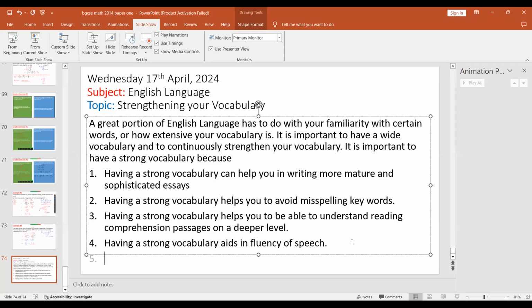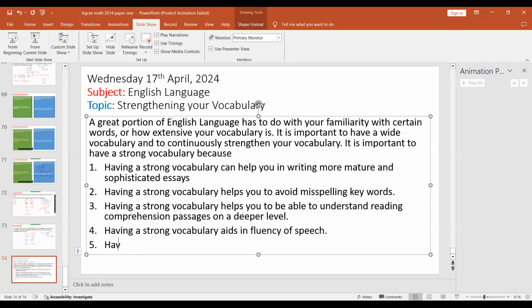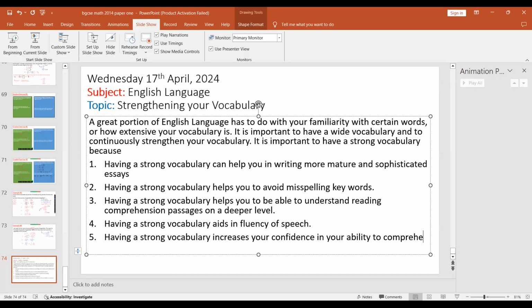Having a strong vocabulary increases your confidence in your ability to comprehend and handle exam questions related to English.